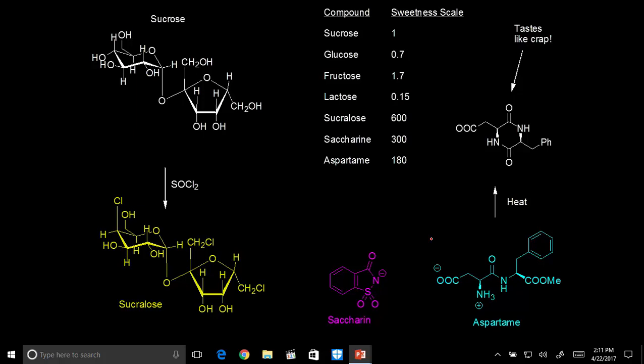Okay, all right, so let's look at the property we most associate with sucrose, the fact that it tastes sweet. Okay, so we're going to rate it here on something called the sweetness scale, and the sweetness scale is not a very scientific study. What they do is they take drinks at various concentrations of each of these and ask the person how sweet it is, and they say this is really sweet, this is not sweet at all, or whatever.